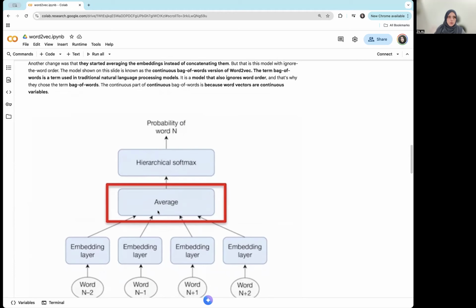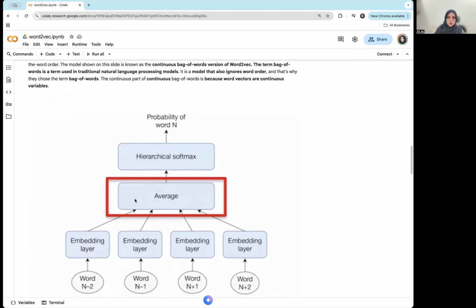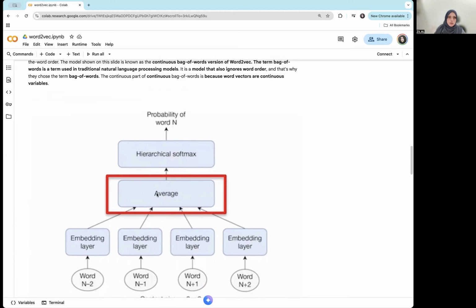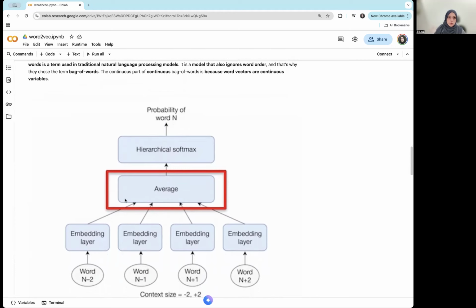The term bag of words is a term used in traditional natural language processing models. It's a model that also ignores the word order. And that's why they chose the term bag of words in this version. The continuous part of continuous bag of words is because word vectors are continuous variables.